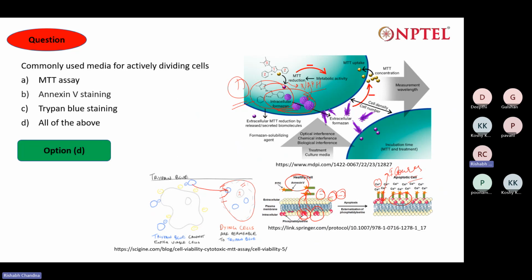That means this particular cell is dying, and it is permeable to the trypan blue stain. So this is also an indirect method of determining the cell viability. Okay, so these three I have explained, and there are many more staining procedures or assays that we use for assessing the cell viability. If anybody has any doubt in these particular principles, they can ask.